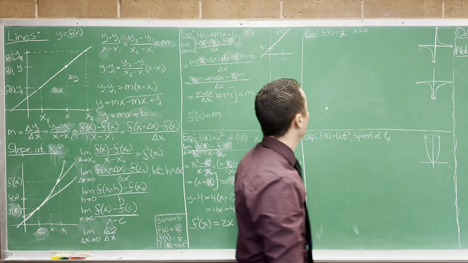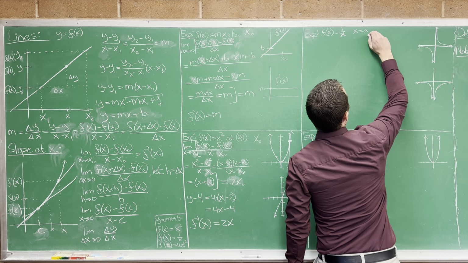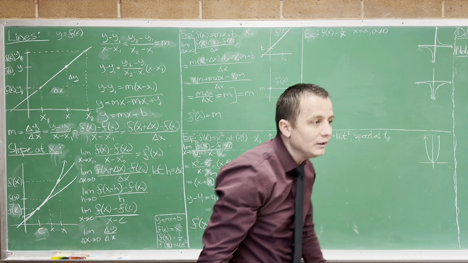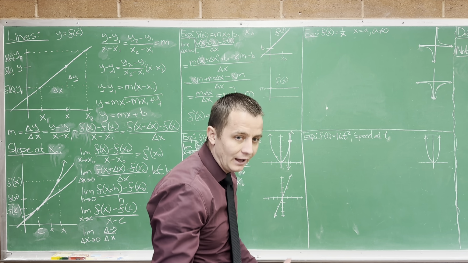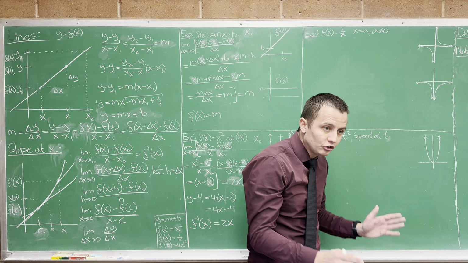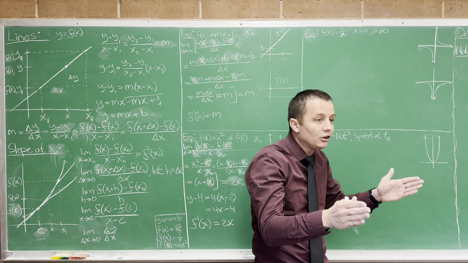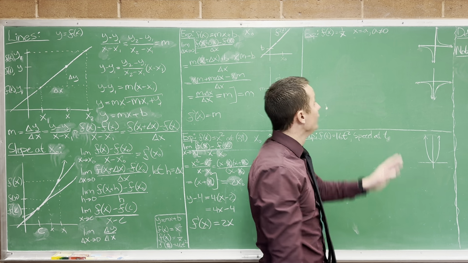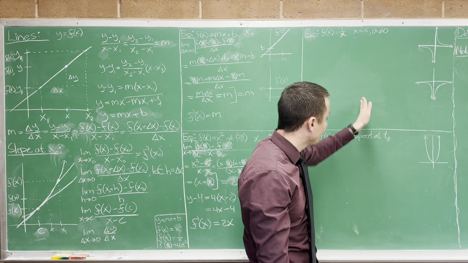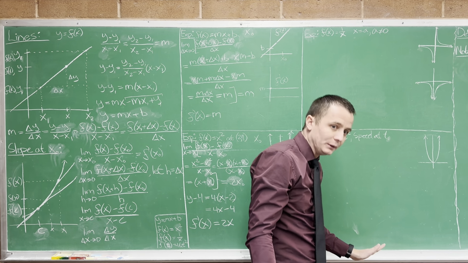Zero. So he says where x is equal to a and a is not equal to 0 because this function doesn't have a slope at 0. It's not even defined at 0. It can't have a slope where it's not defined. Your derivative function's domain is always as big or smaller than your initial function's domain. So if the function wasn't defined at a point, it definitely can't have a slope at that point.